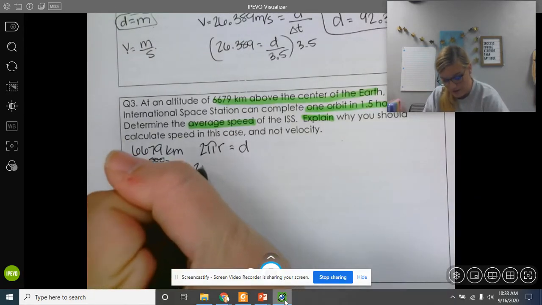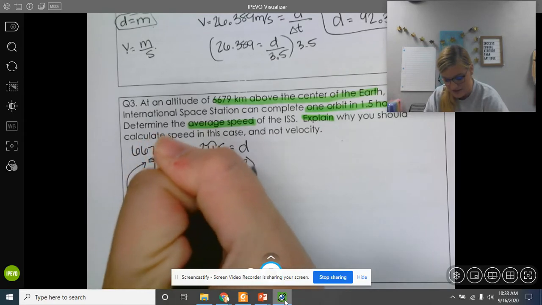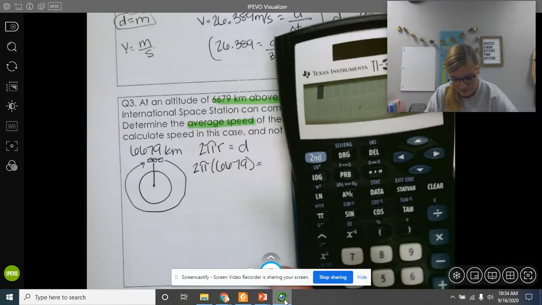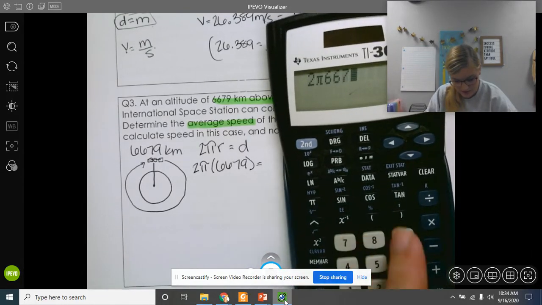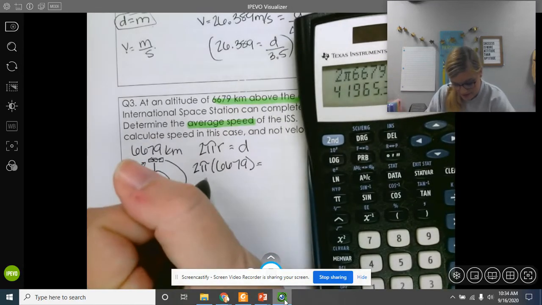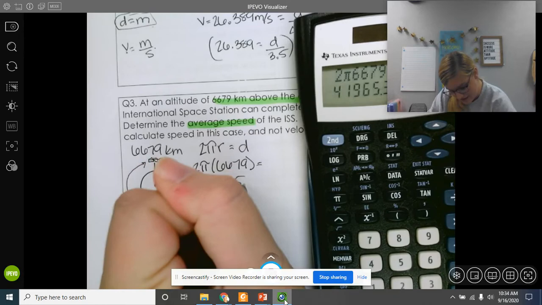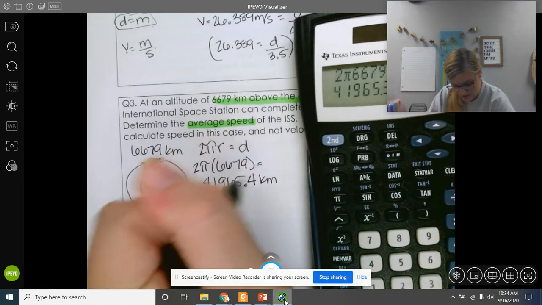So I'm going to fill in my numbers, 2 pi and then 6,679 to get my distance. So 2 pi 6679. So I get 41,965 point, in this case, I'm just going to round to 4 kilometers.